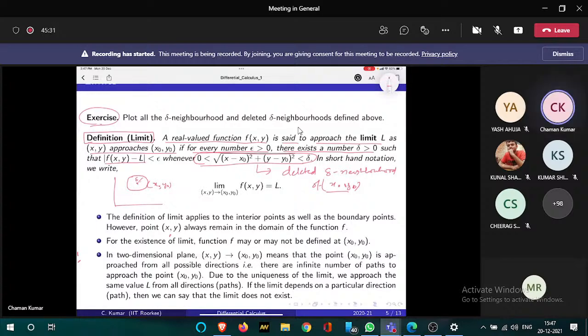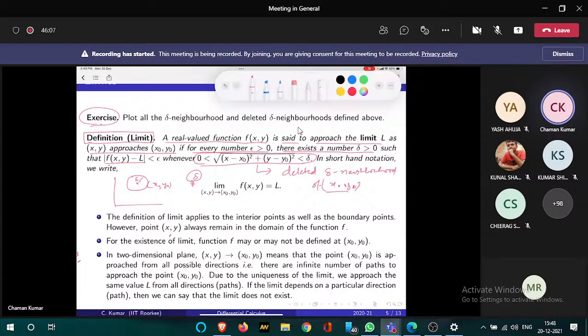You shrink this length delta. You keep taking smaller and smaller delta. Then you will reach the point x0, y0 from all possible directions as delta goes towards 0. If you do that, then the value of the function will approach the value L, and this value L is known as the limit of the function. So this is what it means geometrically.